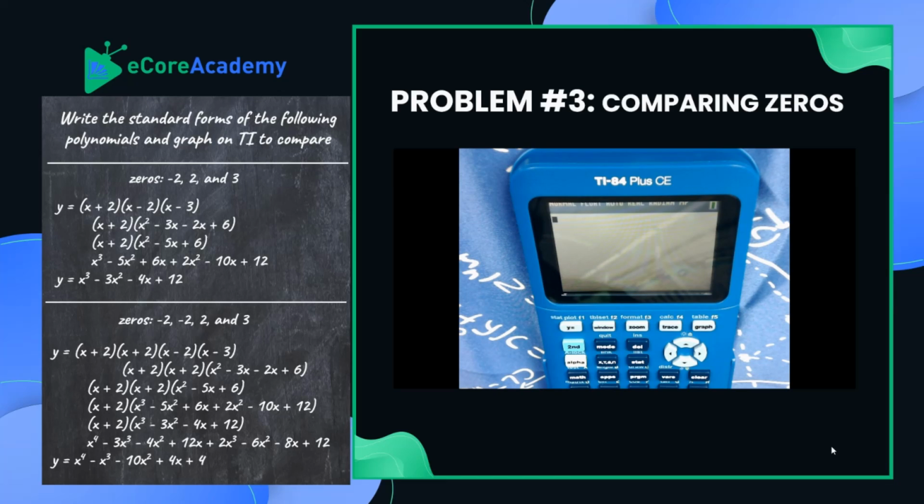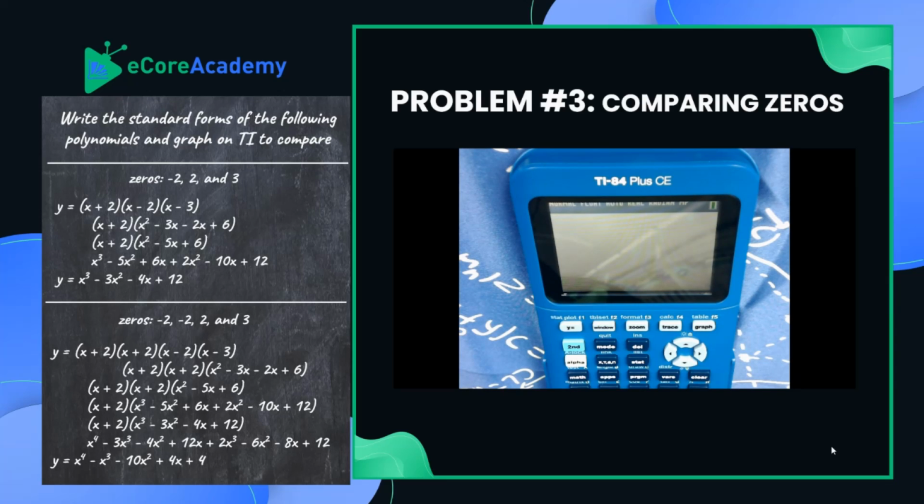If we multiply these out, we get x plus 2 times x plus 2, and then if we multiply x minus 2 times x minus 3 out, we're going to get x squared minus 3x minus 2x plus 6. If we simplify that by doing -3x minus 2x, we get -5x. We can multiply that times x plus 2, the first x plus 2, and we get x plus 2 times x cubed minus 5x squared plus 6x plus 2x squared minus 10x plus 12.